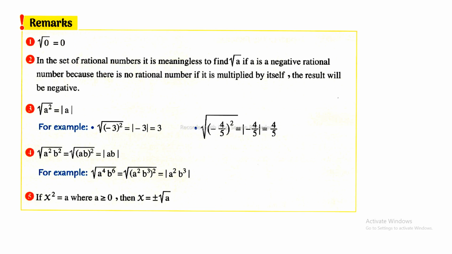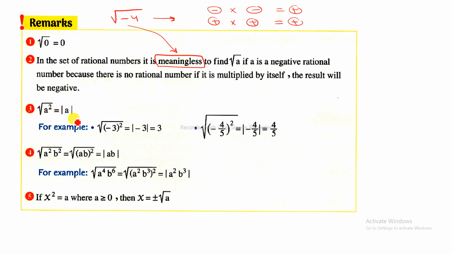Number 2: in the set of rational numbers it is meaningless to find square root of a if a is negative rational number. طيب لما اقول square root of حاجة negative يعني مثلا square root of negative 4 ايه معناها؟ what is the number if multiplied by itself is equal to negative 4؟ فمستحيل يكون في number times itself يدينا negative، لأن لو كان number negative فهتعمله times itself هيطلع positive. طب لو كان number positive هتعمله times itself هيطلع برضو positive. يبقى مفيش number times itself يطلع negative. يبقى هنا square root of negative number is meaningless ليس له معنى.